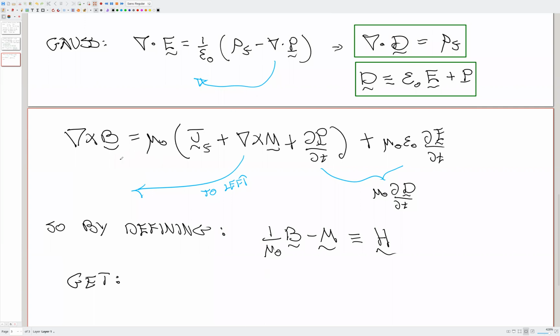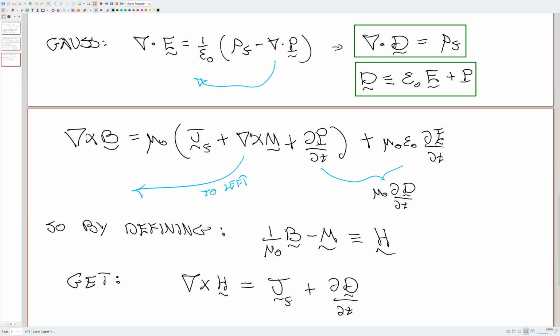So what we have then from Ampère-Maxwell is that the curl of H, okay, this one is just now we've divided by mu 0, is the J free plus the dD/dt.